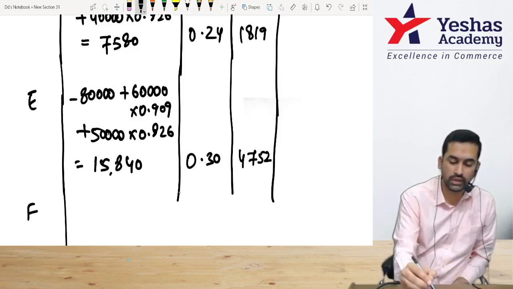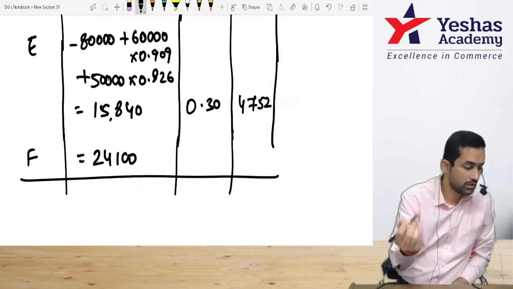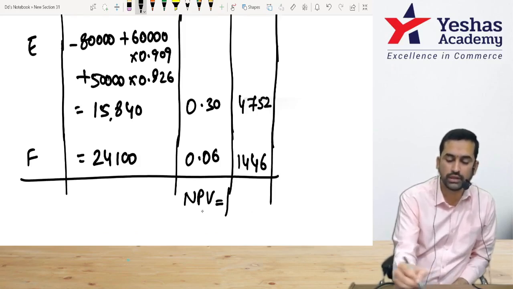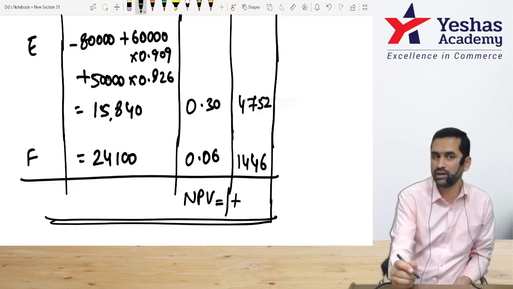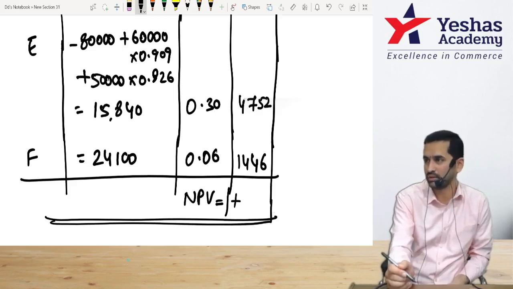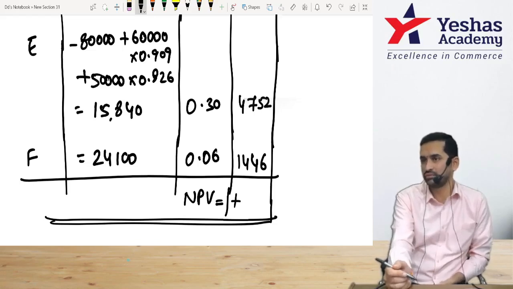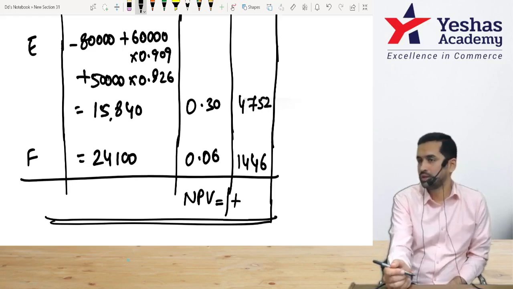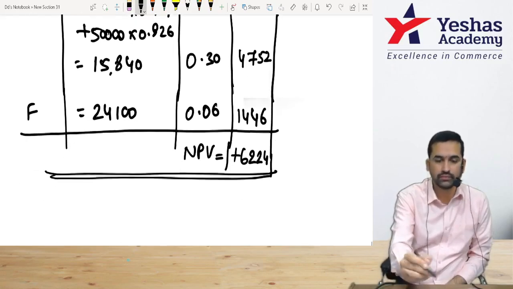You can try the last one and tell me the numbers. 0.06. This summation positive, that's important. The number is not, because one of the 6 is going to happen. You're only trying to see whether there is a greater chance of a positive result or not. Said what? 6,000, 6224 positive.